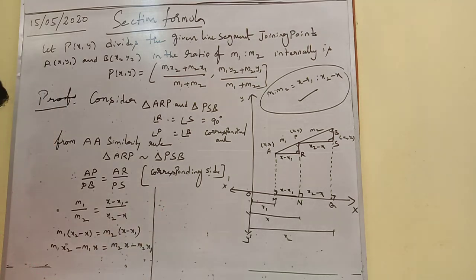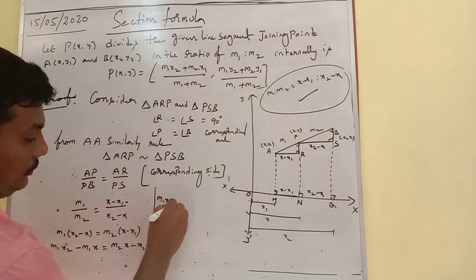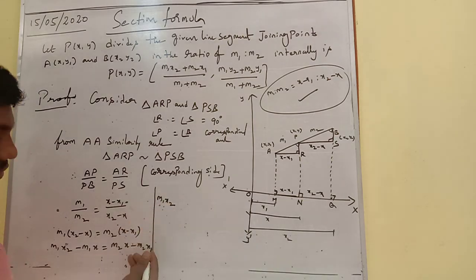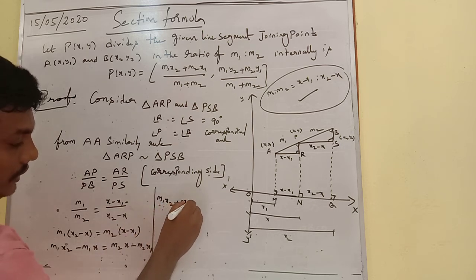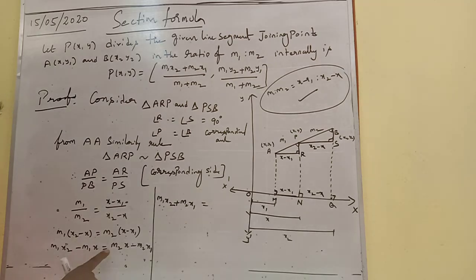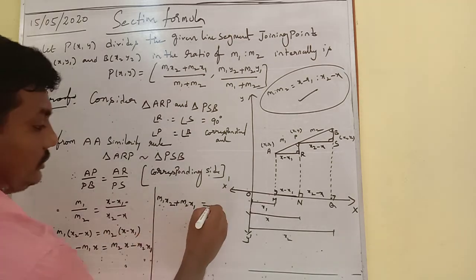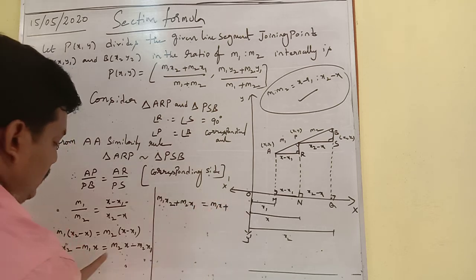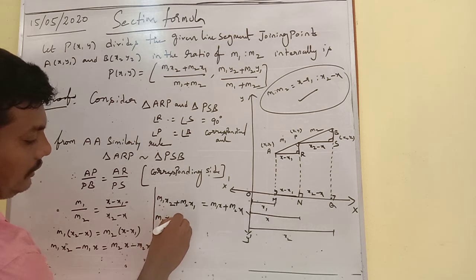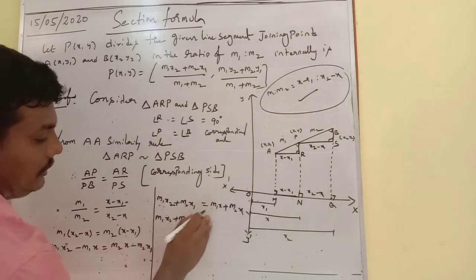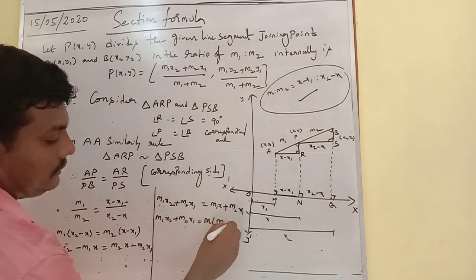Take the x terms to one side: m2x and m1x on this side, and m1x2 and m2x1 on the other side. Transposing, the minus term becomes a plus term, so m1x2 plus m2x1 is equal to m1x plus m2x. Taking x common, this is m1 plus m2 times x.